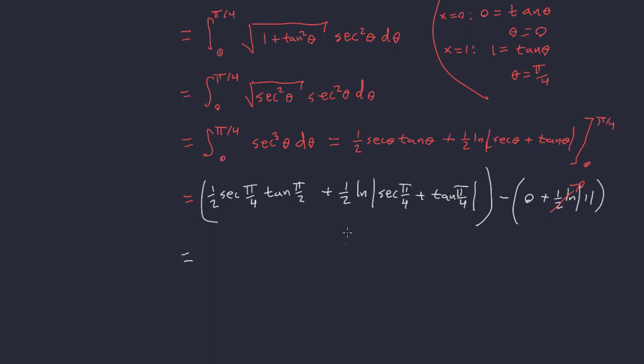Okay, so the first part, secant of pi over 4, that's 2 over root 2, because we take root 2 over 2 and flip it. And when you rationalize the denominator, the 2 actually cancels, so the whole thing comes out to be just root 2.